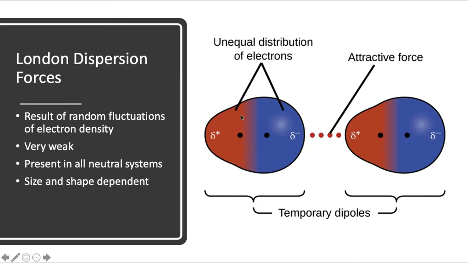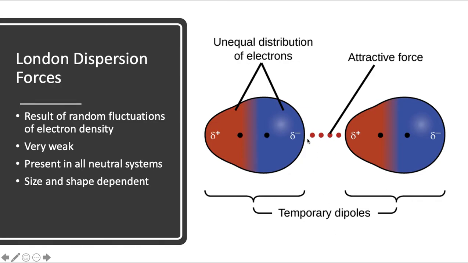Once that temporary dipole is gone in one molecule, it will go in another, but it can come back as soon as it's gone. So if I have a bunch of these atoms or molecules in a system, you can see that at any point in time I can have these mini dipoles going all over the place.